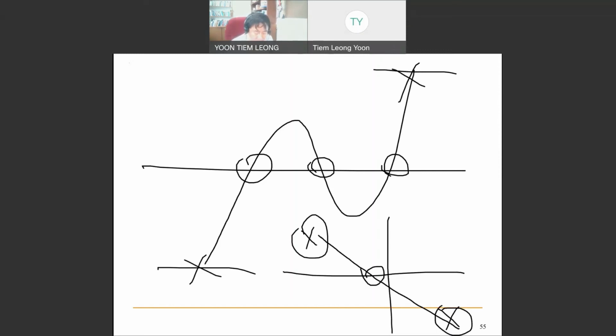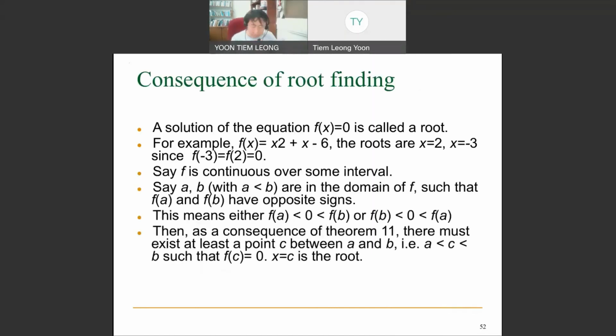So at least there's one root. When you go from positive to negative or negative to positive, you must cross the x-axis at least once. So in this case, you cross it 1 time, 2 times, 3 times. So this is the application of the intermediate value theorem to root finding.